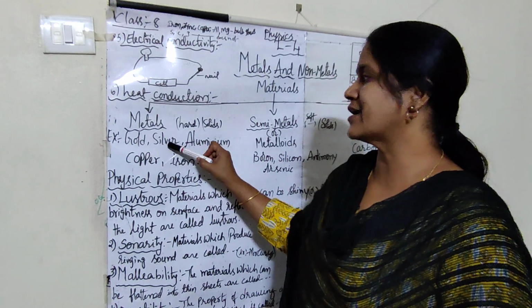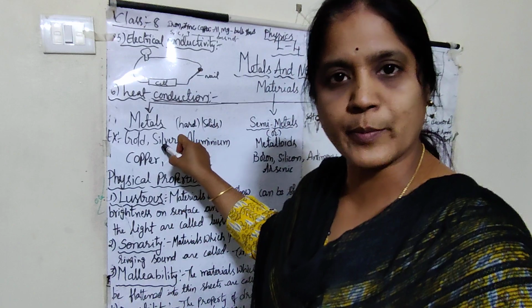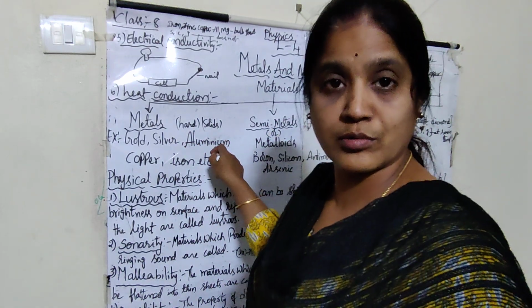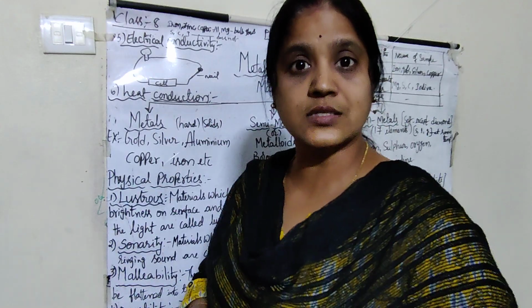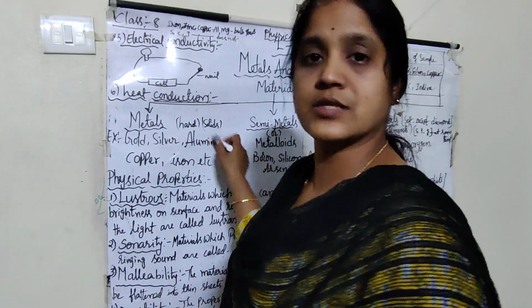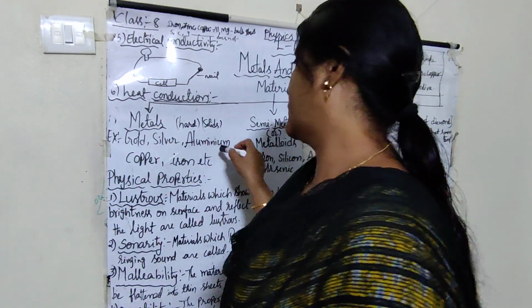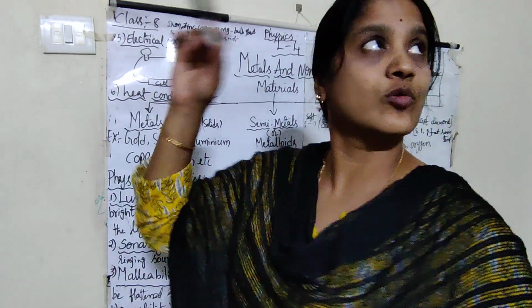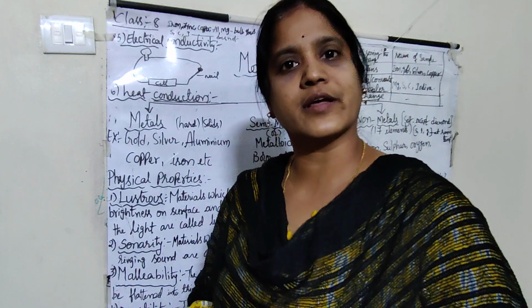Gold and silver you can use for ornament purposes, and aluminum is used in cookers, rice cookers, vessels, and mainly tools. Copper is used for wiring, and there are copper vessels and copper bottles.